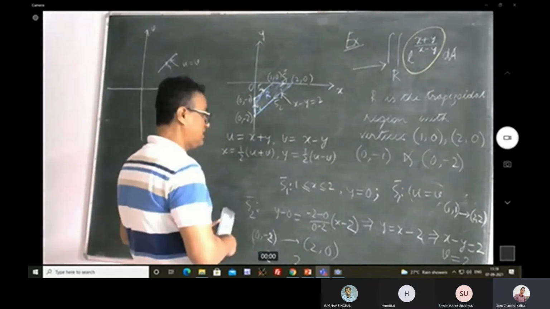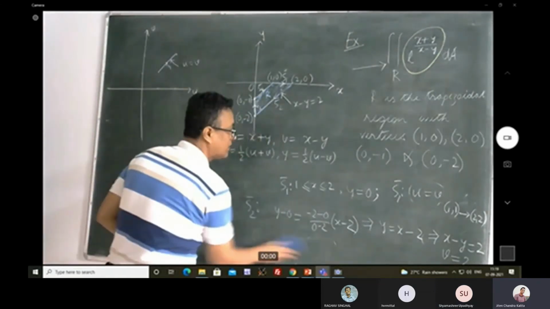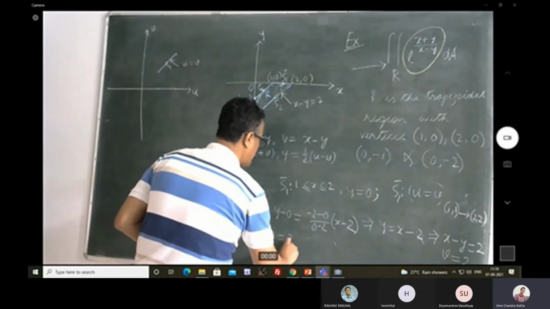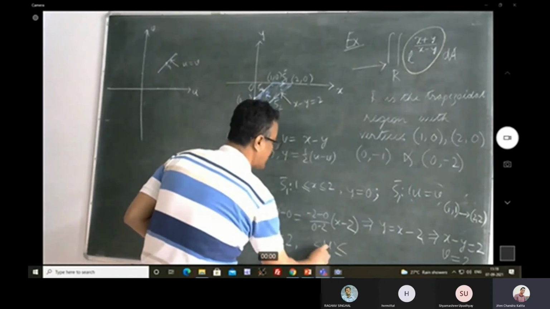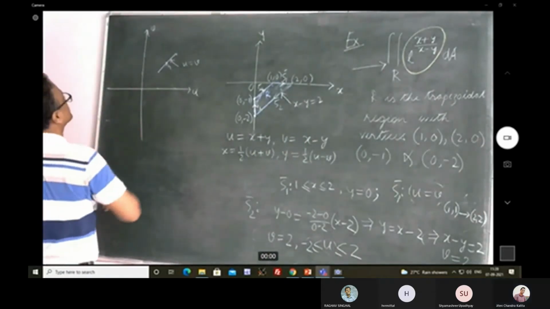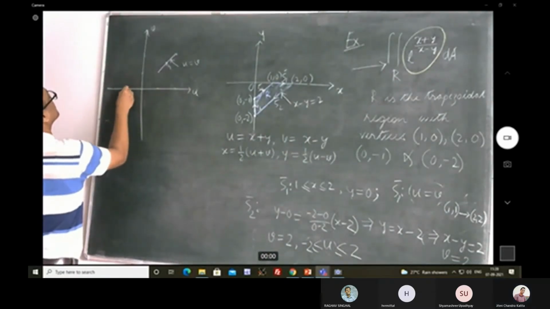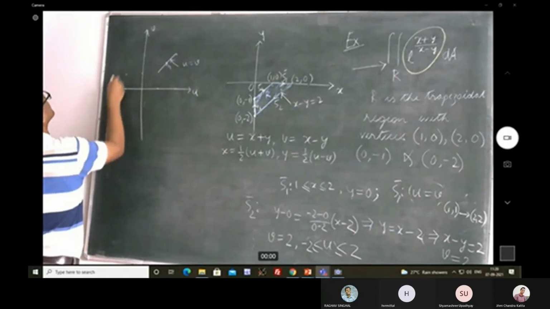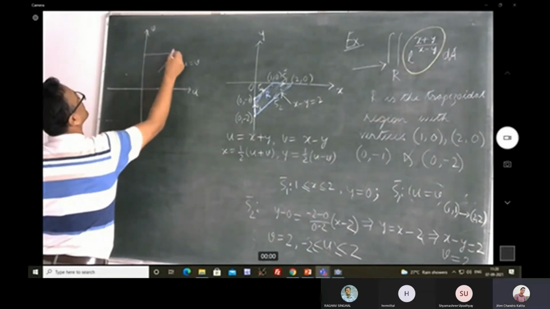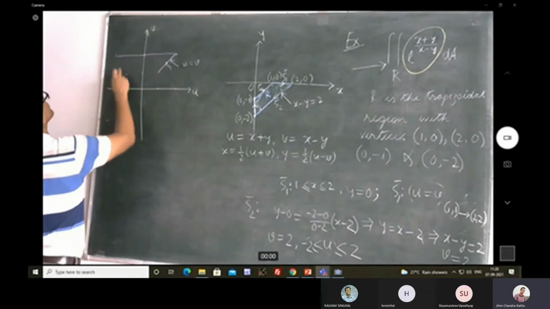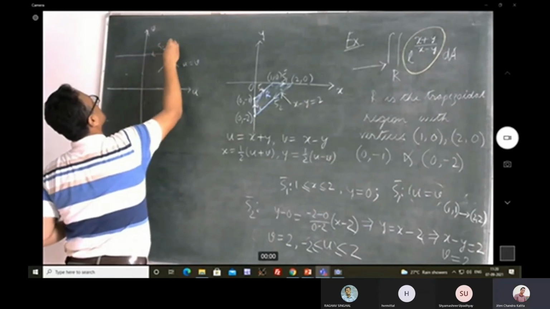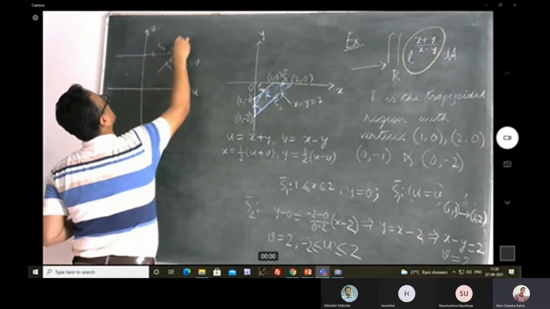So that means your S2 is nothing but the straight line given by v equal to 2, and u in that case lies between minus 2 and 2. So it is going to be something like this. So this is my S2, where v equal to 2.